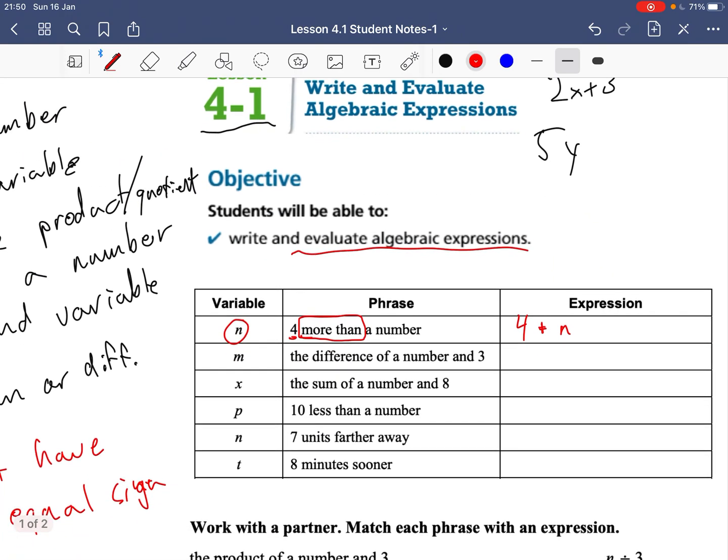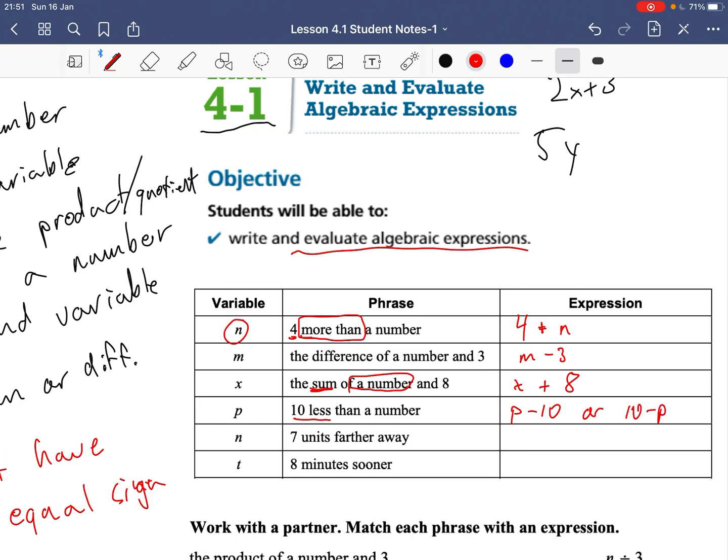So the difference of a number and 3, the difference of a number, m, and 3. The sum, so we know that's addition, of a number, x and 8. 10 less than a number p. So would it be the number p less than 10, or would it be 10 minus p?